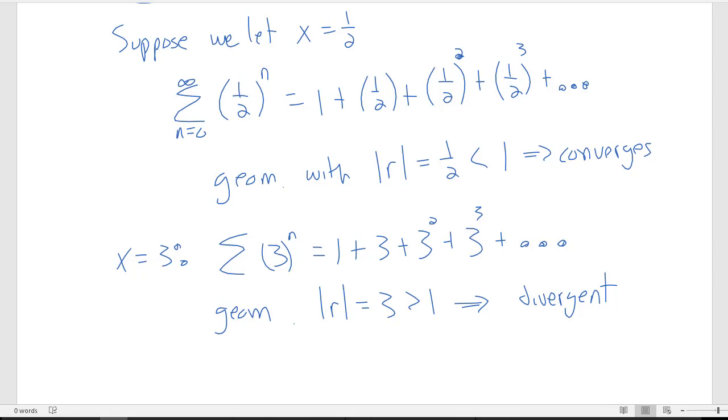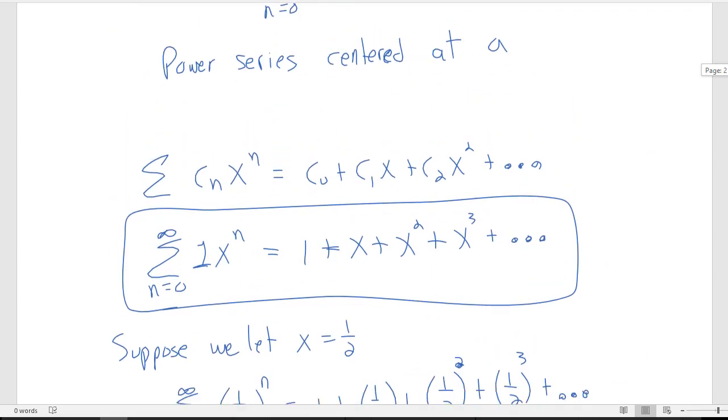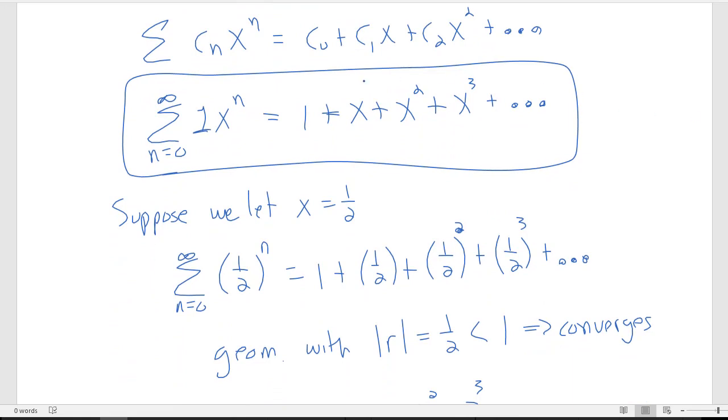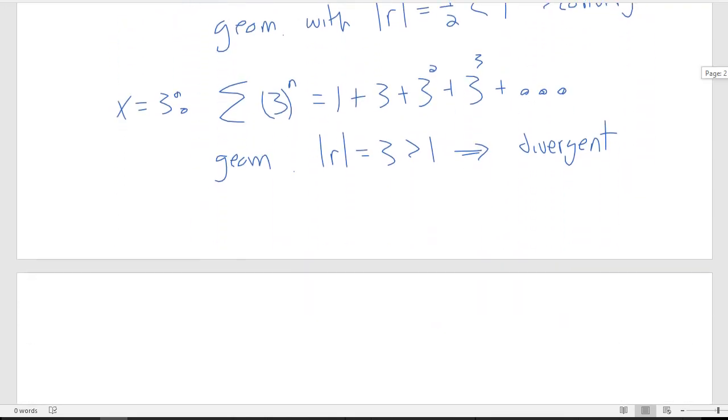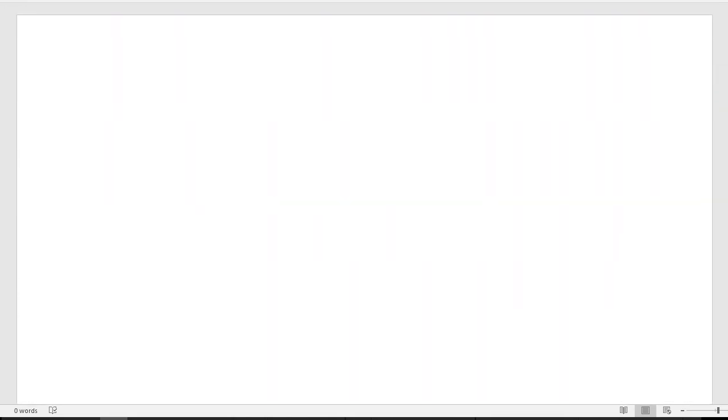So if I scroll back up for a second and look at this power series right here that I boxed in, what values of x will make that series convergent? We know as long as the absolute value of x is less than 1, that's a geometric series where the ratio is less than 1 and it's convergent.